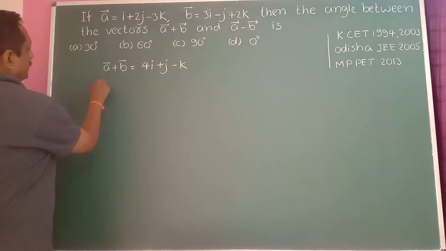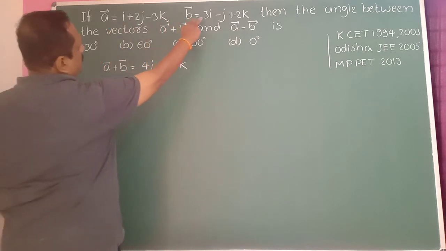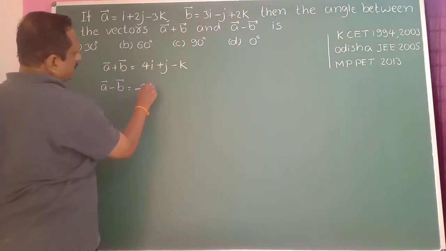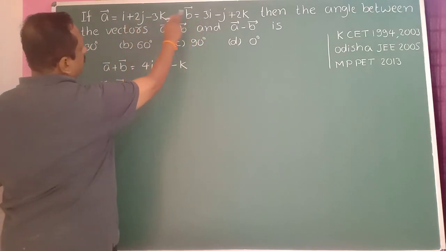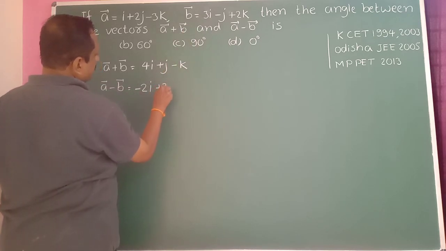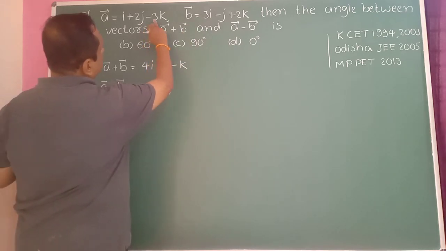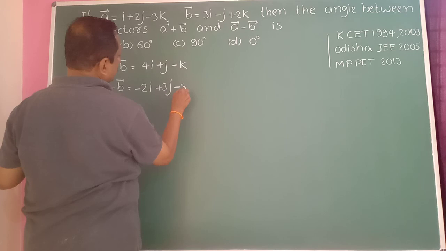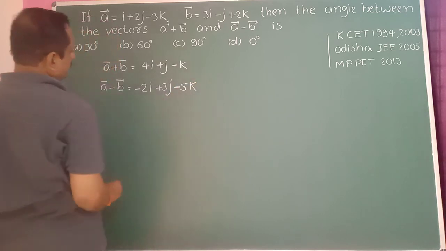Then a bar minus b bar, subtract each other. i minus 3i gives minus 2i, 2j plus j becomes 3j, minus 3k minus 2k gives minus 5k.